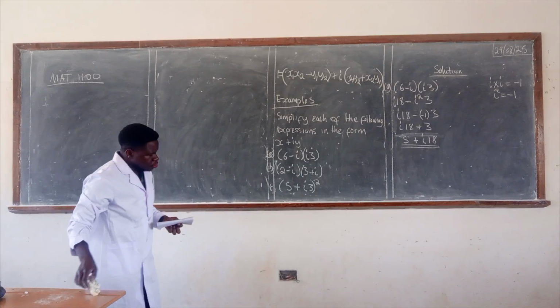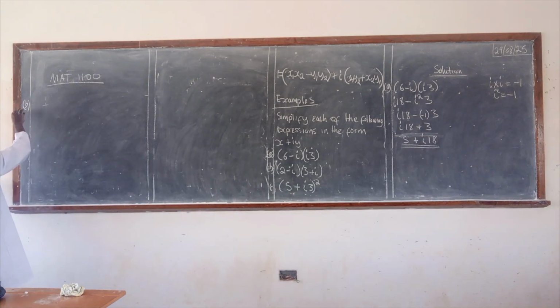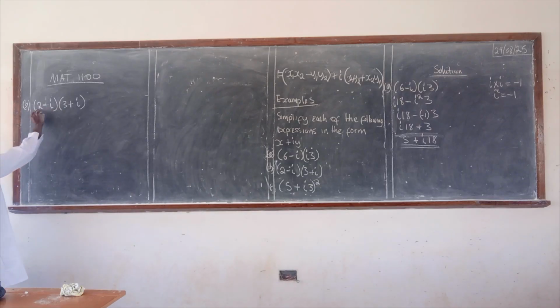Okay, let's go to B. So our B is 2 minus i3 plus i. Okay, so let us try and multiply that. So we're going to go with the same procedure. What is 2 times 3?